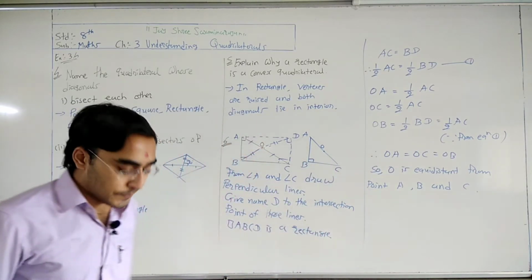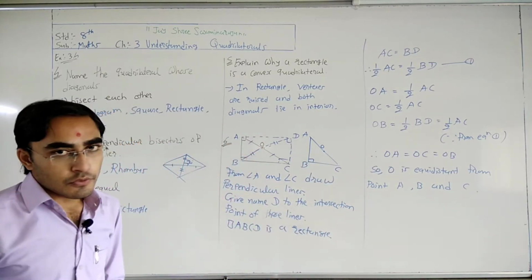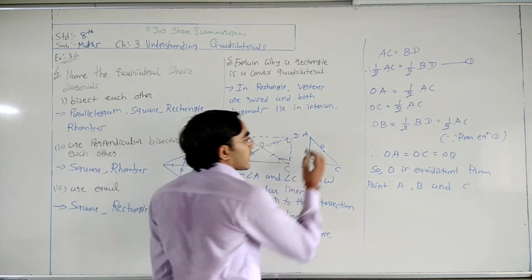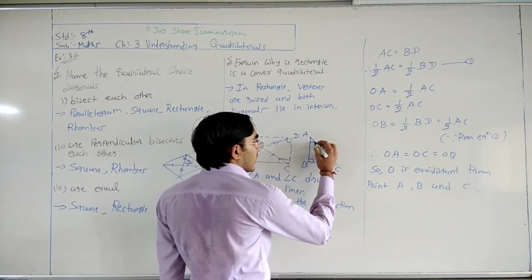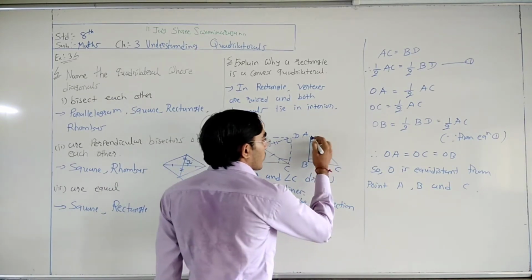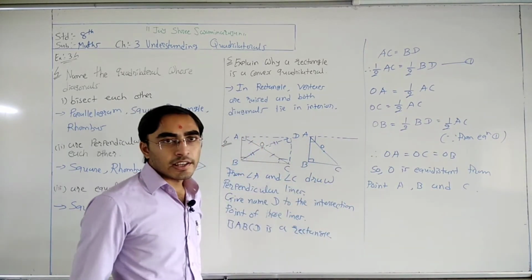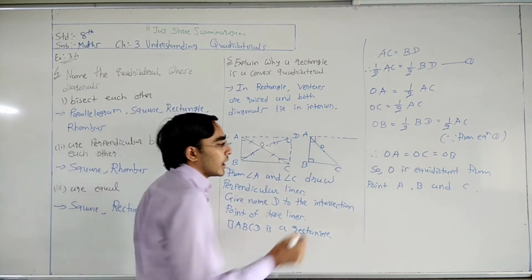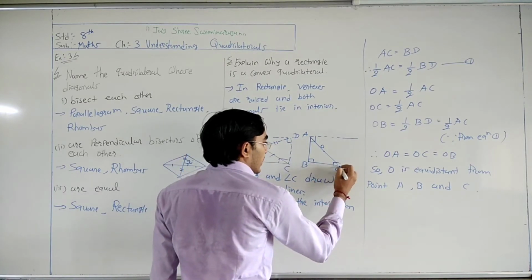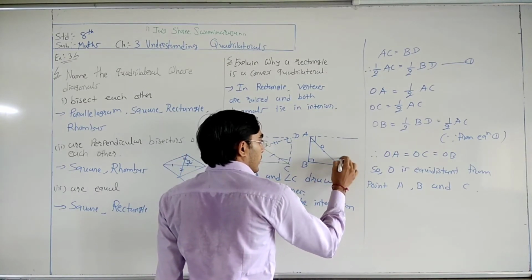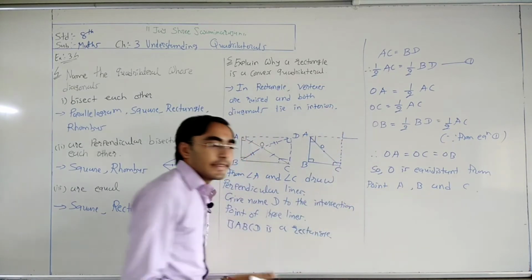Now first of all, we make a 90 degree angle at point A and we draw one line. After that, from C we make a 90 degree angle and we draw one line.